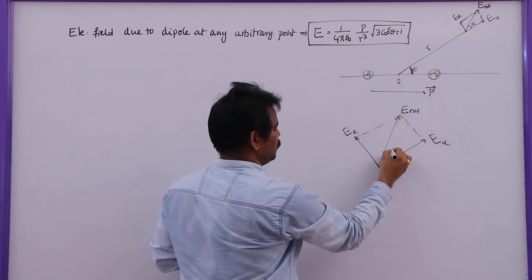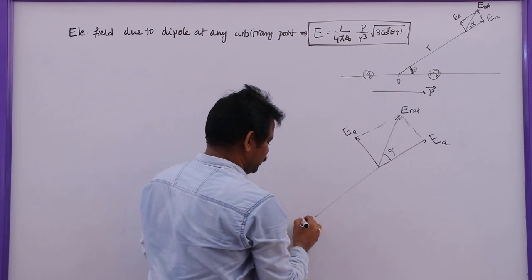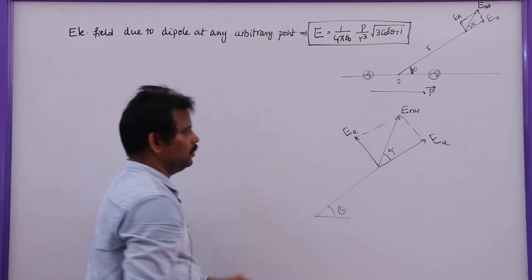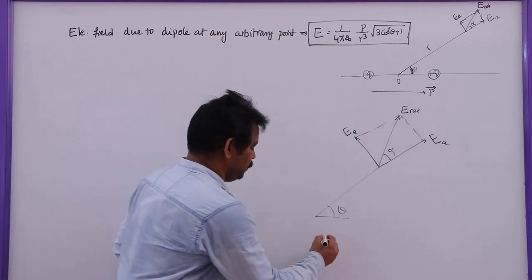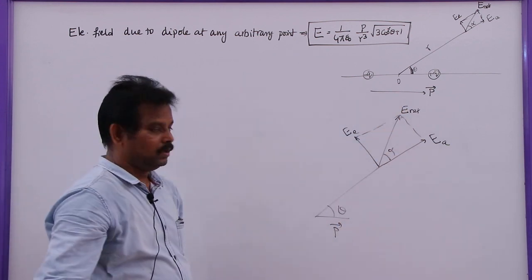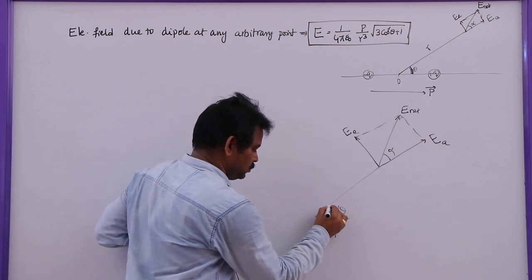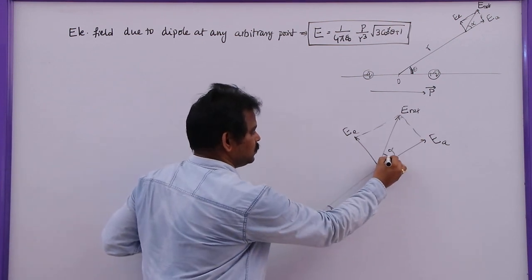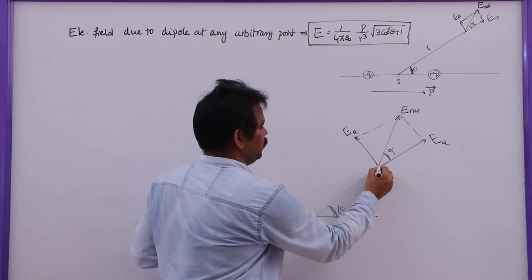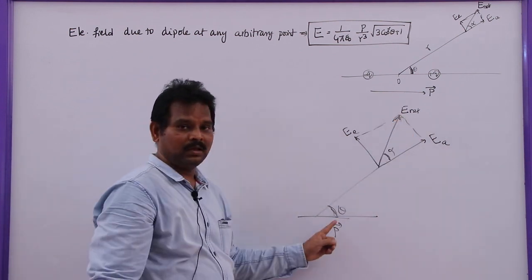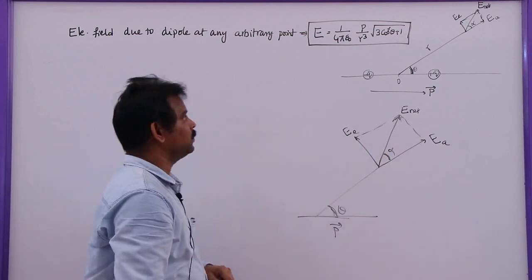The same diagram I am drawing here, this is alpha, and this is the line, and this angle theta. So what is the direction of the E net with dipole moment p bar? This is p bar. You can see here, this is theta, and this is alpha. With dipole moment p bar, the net electric field is making an angle theta plus alpha.